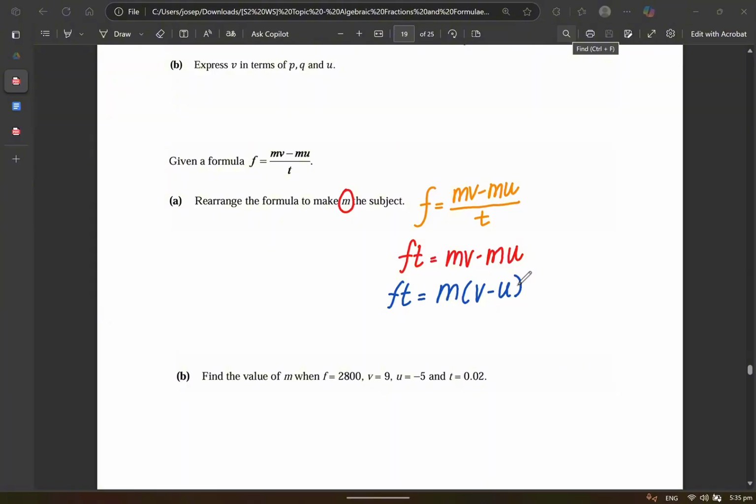And you want M to be the subject, so I like to swap this part. And then what I want to do is I want M to be isolated. So M has to be on its own, and then you're going to have FT over (V − U). Make sense? So that's your answer for this question.